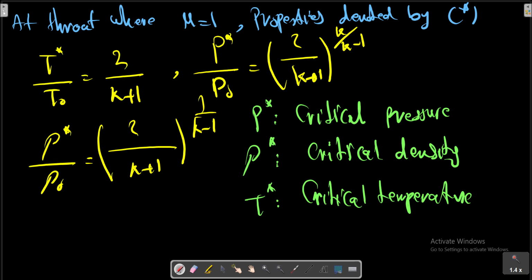They are also tabulated in table 17.1 in the chapter. The next section is the mass rate of flow of an ideal gas through an isentropic nozzle.